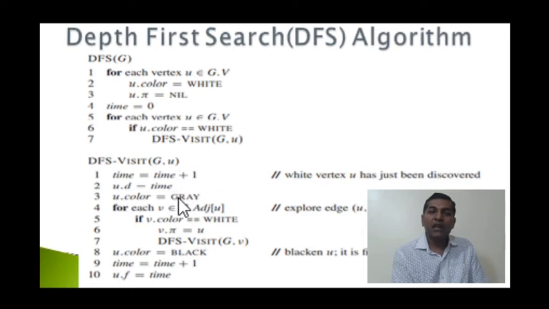The vertex is colored gray, and then we check its adjacent vertices. If all the adjacent vertices of U have been colored gray, or have been visited, then we say that this particular vertex has been visited, and we make it black. The timestamp is increased by 1, and the timestamp is assigned to the U vertex.